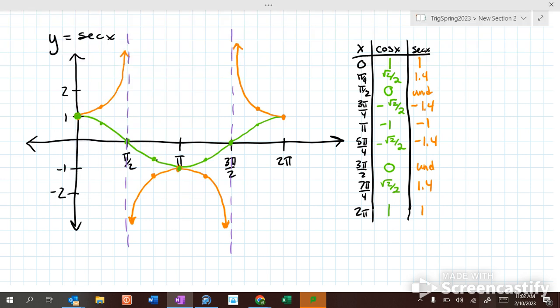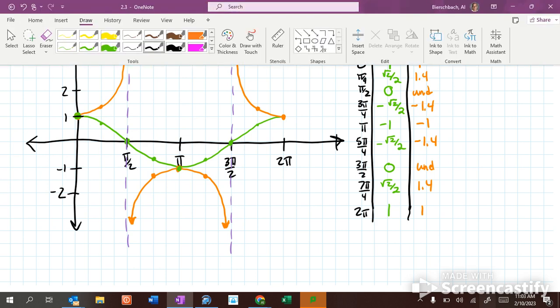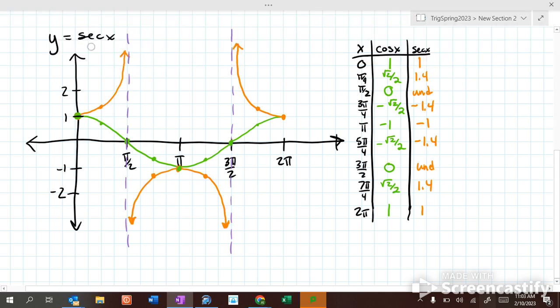So since Mr. Bierschbach doesn't like half parabolas graphed, we are going to continue on with our pattern. So we're going to continue on with the cosine because it must go like this yet, right? And where it hits the x-axis, what's going to happen?